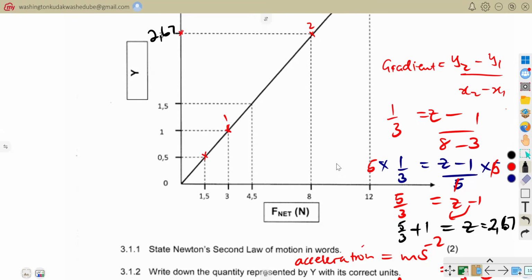After we are done with that, we now know and understand how to investigate Newton's law and how to actually interpret data from that experiment, and how to determine the relationship between your net force and acceleration, your mass, and the relationship between the graph of acceleration and net force, how to determine mass from that graph, and how to determine the values and plot the graph of acceleration and net force.